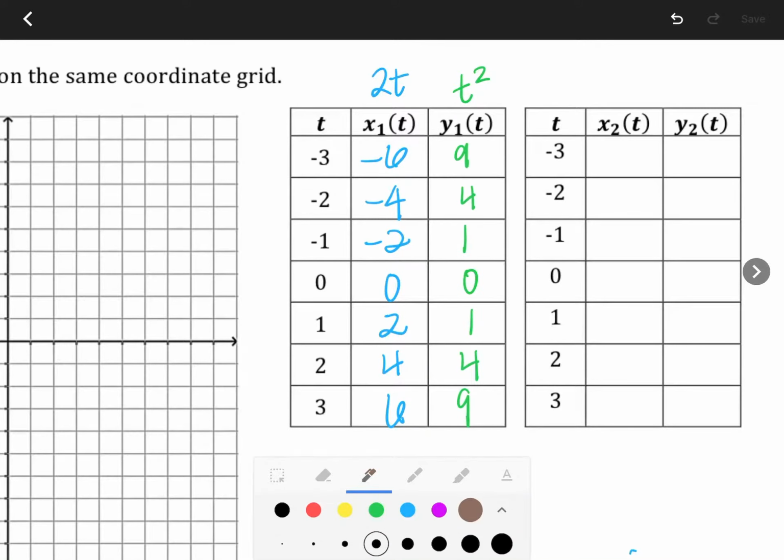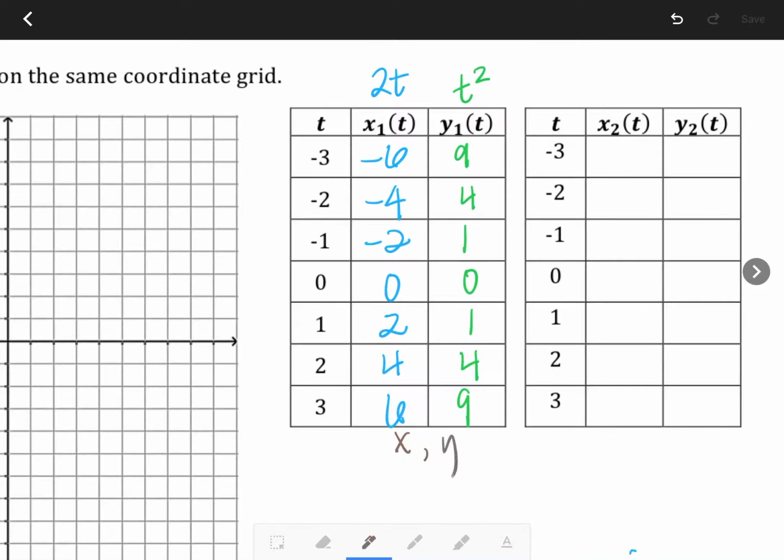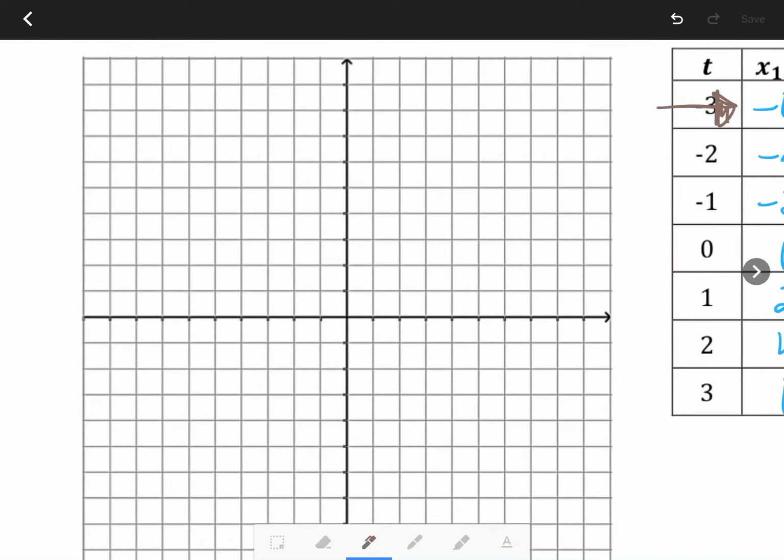And now together we can graph a new output. Our new output is going to be x, comma, y. So that first point we're going to graph right here, we can kind of skip t and just graph negative 6, up 9.